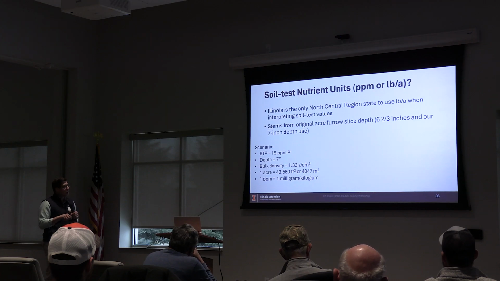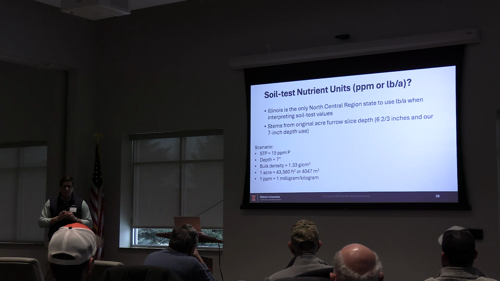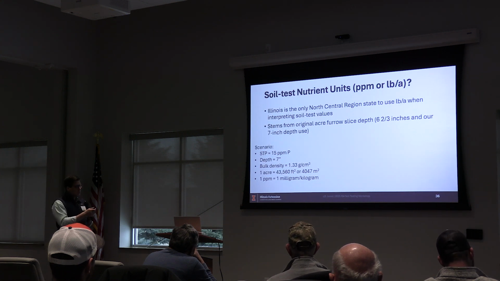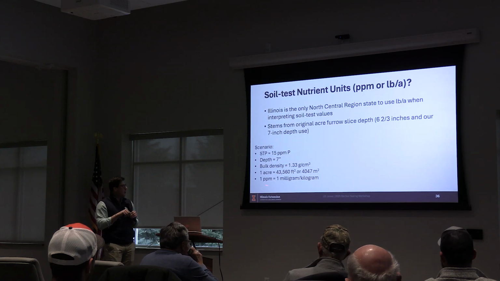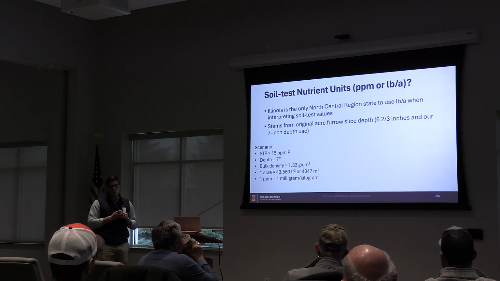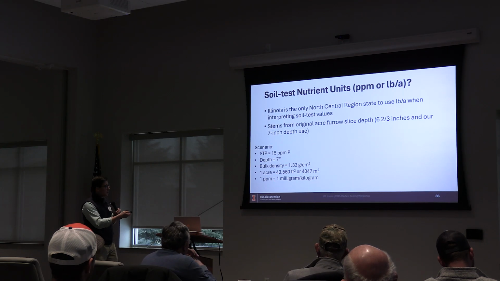So if we deal with a scenario where we've got 15 parts per million P, so if that's what the lab measured, whether it's colorimetric or ICP, they measured 15 parts per million, a 7-inch soil sample depth, we're going to assume a pretty typical bulk density, the number of feet or meters in an acre, and 1 part per million equals 1 milligram per kilogram, just another conversion.